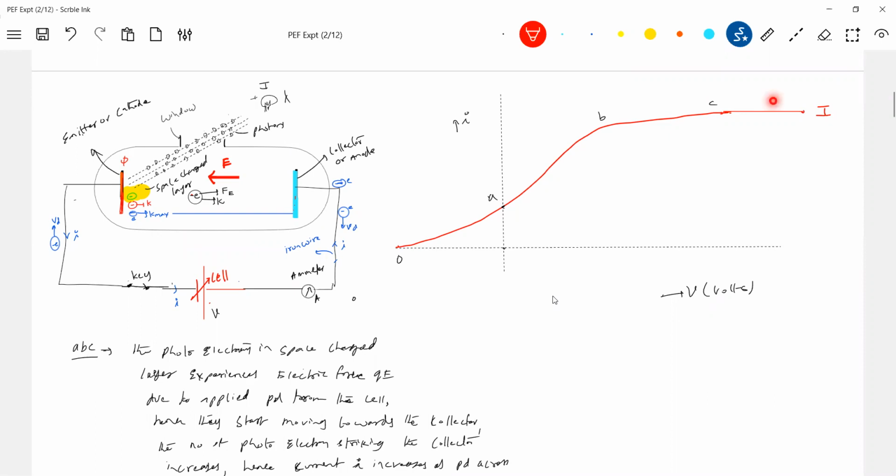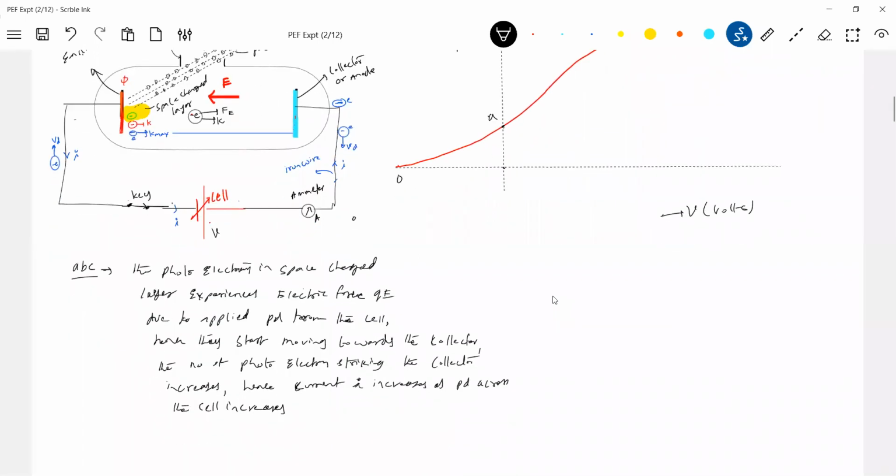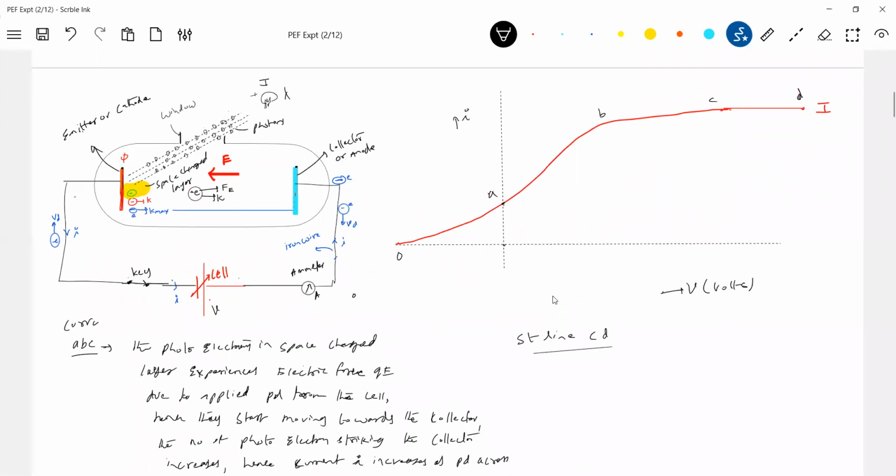And now we have to explain the graph CD. Why afterwards it will be constant. CD is a straight line. ABC is a curve. CD is a straight line. So now a constant current starts flowing here.